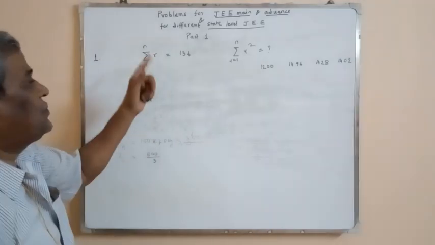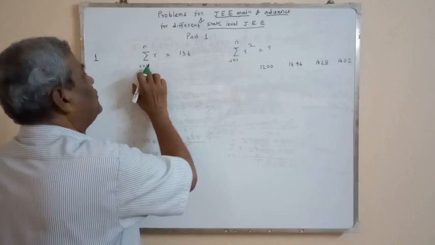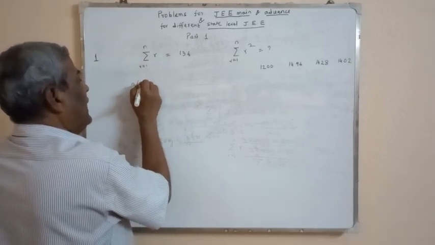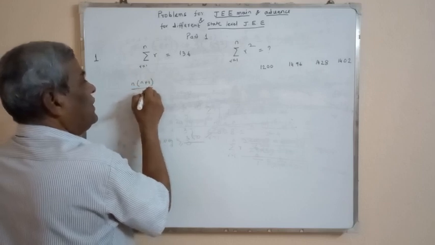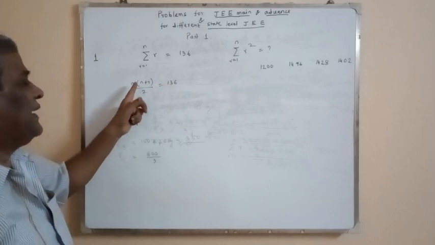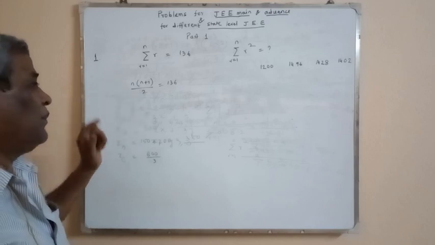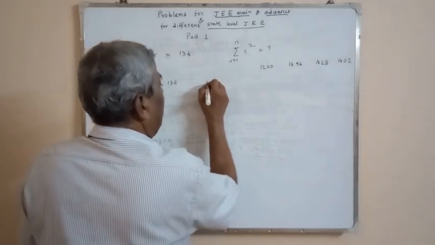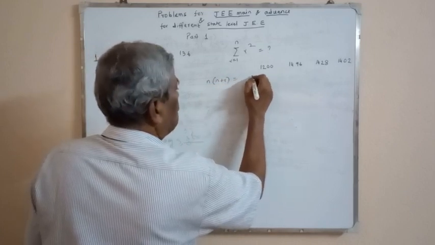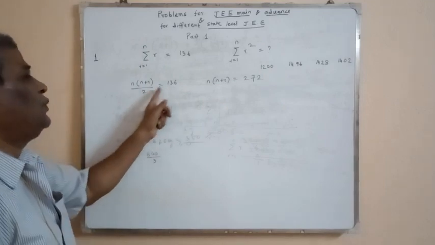Actually, this is a very simple problem. Sigma r, r is equal to 1 to n, means n into (n plus 1) by 2 is equal to 136. Actually, it is a quadratic in n, and very easily you can solve it. n into (n plus 1) is equal to 272.